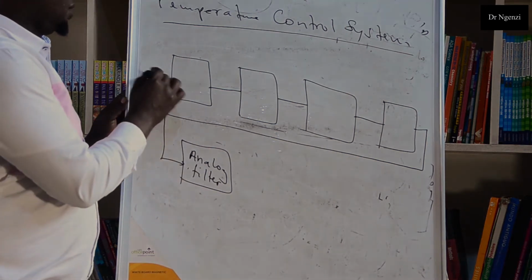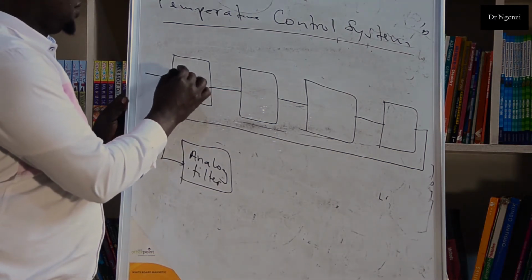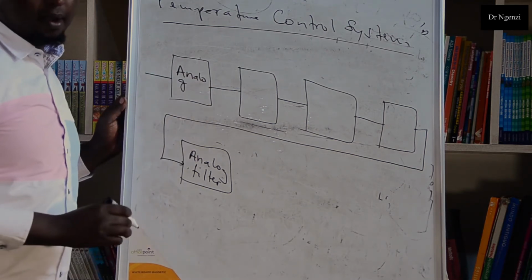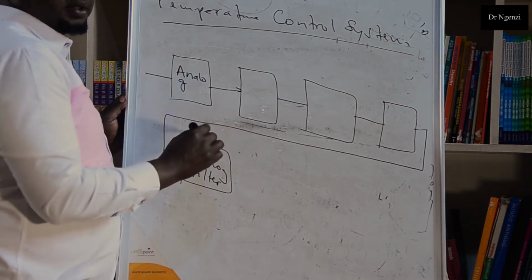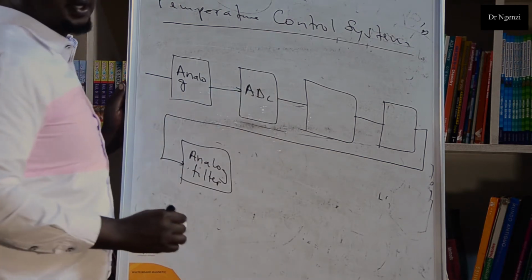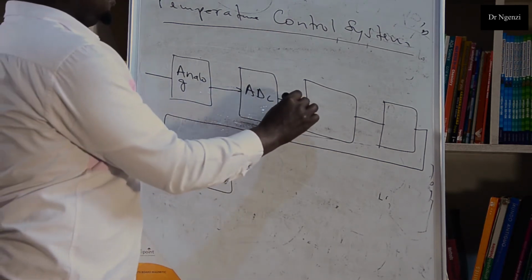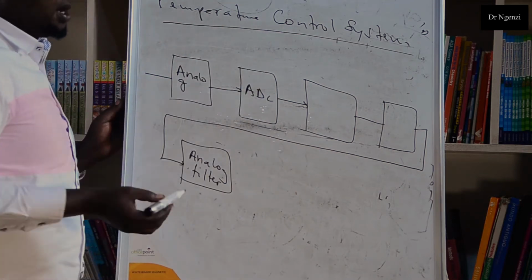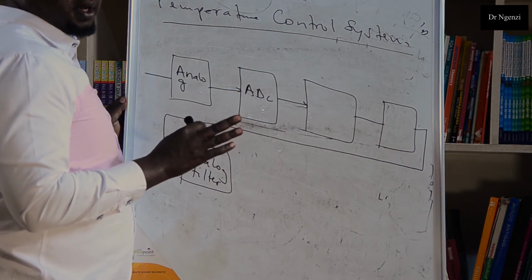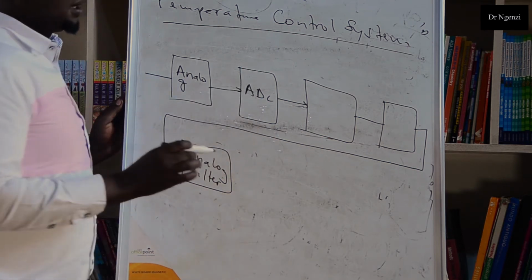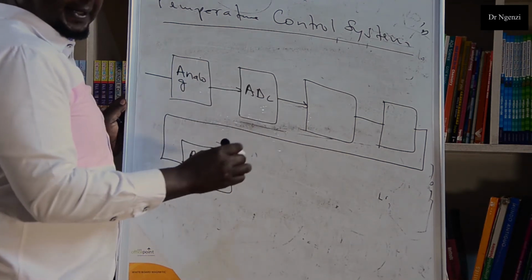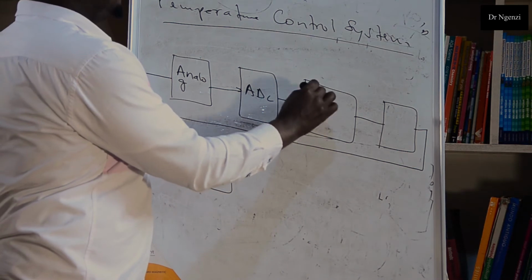Then the first one is the analog signal. It's going to attach to the ADC, analog to digital converter. Then you are going to have a digital signal. This is a general diagram. Once I tell you to explain the systematic diagram of DSP with its elements, I'm talking about their elements. And this is a digital processor.